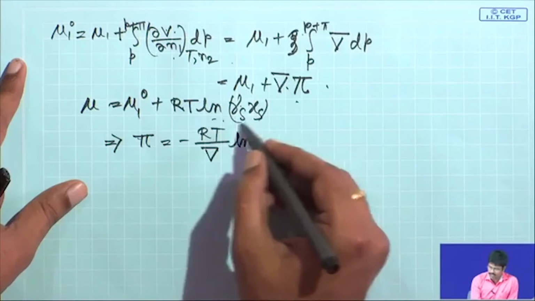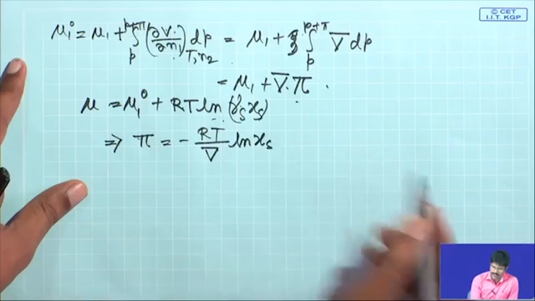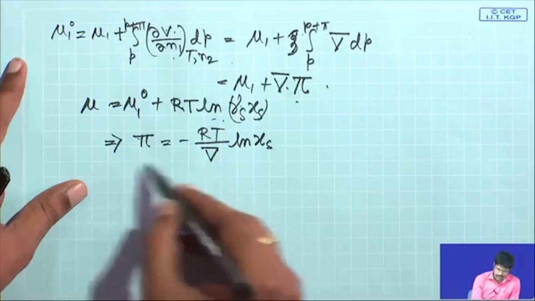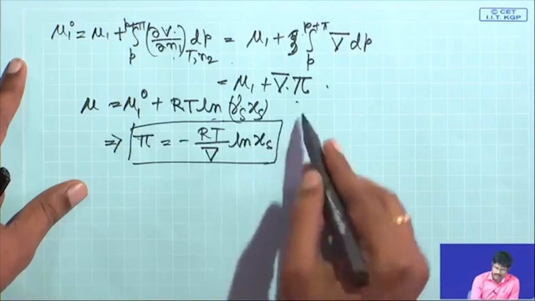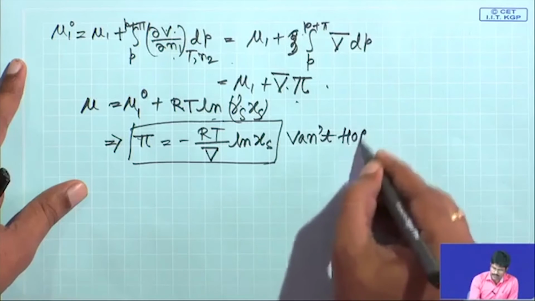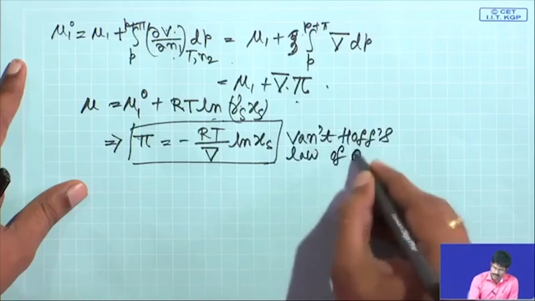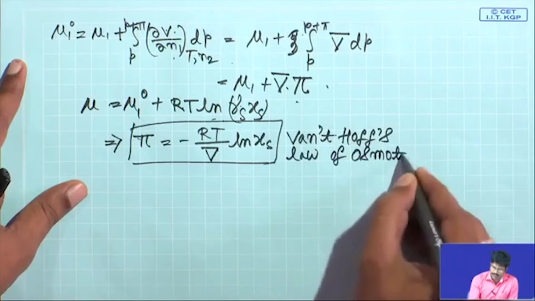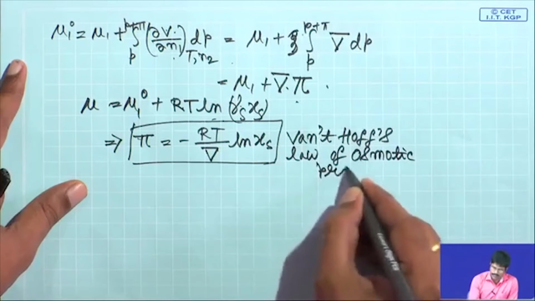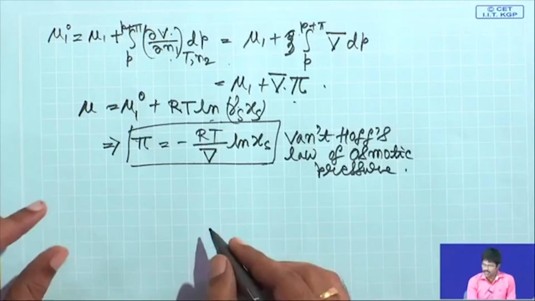Now, for a very dilute solution, the activity coefficient gamma is close to 1. So this becomes ln x s. Basically, this is nothing but Van 't Hoff's law of osmotic pressure.